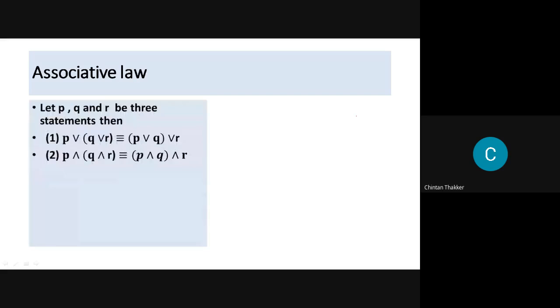This is the statement for the associative law: if we have statements P, Q and R, then P or (Q or R) is equivalent to (P or Q) or R. Similarly for the AND operator, P and (Q and R) is equivalent to (P and Q) and R.